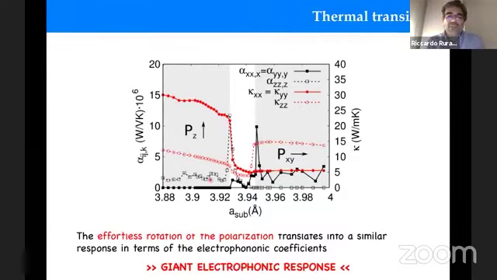And so this alpha, which is in our formulas, the electrophonic coefficient, the gain in the response, has this very large jump. Here we are not really sure if you can make this jump higher and higher depending on how fine you look in your simulation. But of course, each one of these points is a complex simulation, so we didn't push it further.